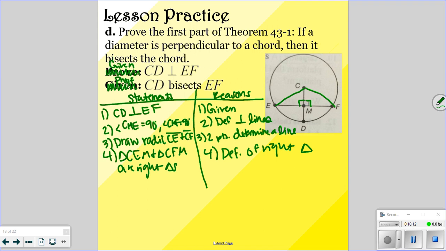After that, we can say that CM is congruent to CM by the reflexive property.